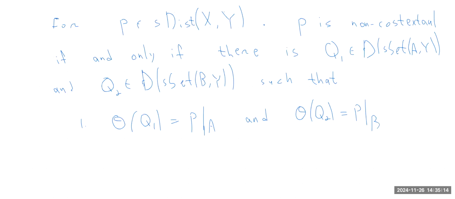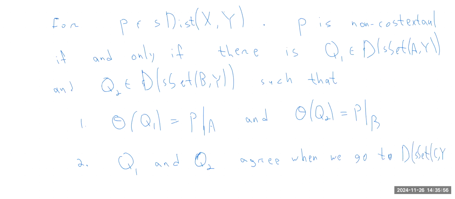But we also ask that Q1 and Q2 agree on the intersection between them. It's not really a restriction, but anyway, when we go to the intersection, they should agree there, otherwise it's not true.